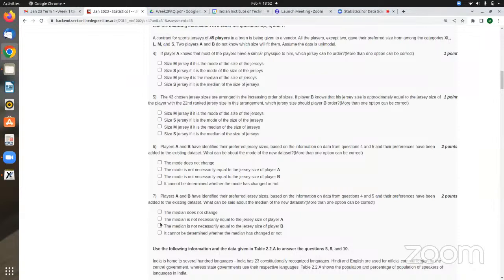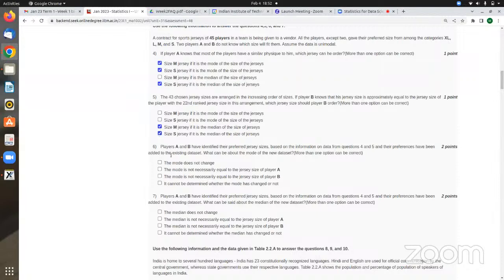Here you see all 3 options were correct, right? Here the 43 jerseys are in ascending order. If player B knows that his jersey size is approximately equal to the jersey size of the player, which will be the correct answer? If it is median, and if it is median.